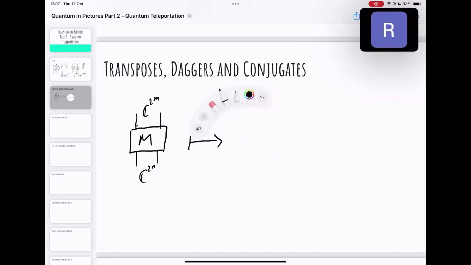What I'm going to do here is draw this rectangular box as a trapezium instead of a regular rectangle, so you can see how I'm rotating or reflecting the box. If I reflect it this way, I call this a vertical reflection, but it's actually a reflection on the horizontal axis. Hope that's not too confusing.